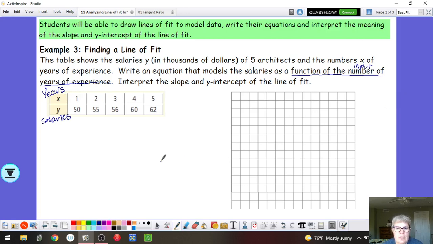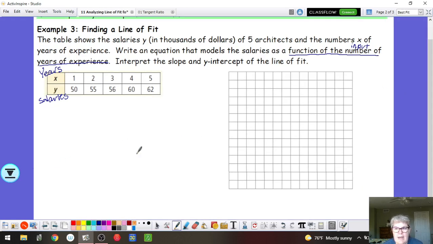So before we do anything else, let's make a scatter plot of this information. So we know that X is years of experience, so I'm going to label the graph years of experience, and you should always label your graphs so that someone else looking at your scatter plot knows what you're talking about. And then we have salaries, and I'm writing sideways here, so bear with me.